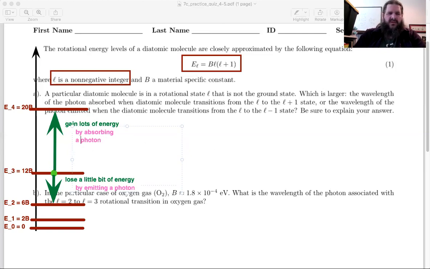And presumably that means you'd be absorbing a high energy photon or emitting a low energy photon. But it's asking about the wavelength of the photon. So how does the energy of a photon compare to the wavelength of that photon? Do we have any formulas comparing wavelength and energy?